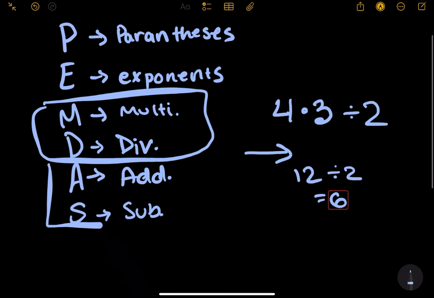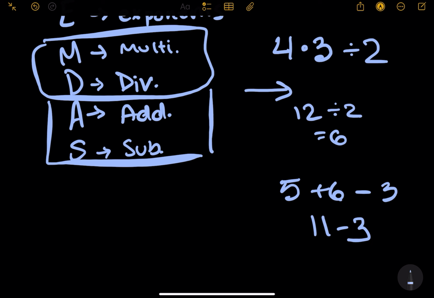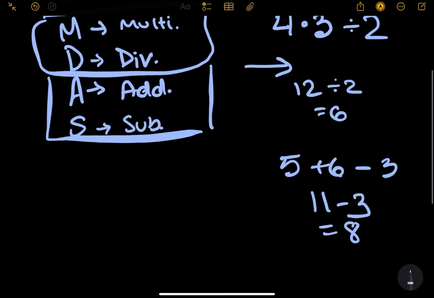The same thing applies for addition and subtraction. If it gives you 5 plus 6 minus 3, 5 plus 6 gives us 11, and 11 minus 3 gives us 8.